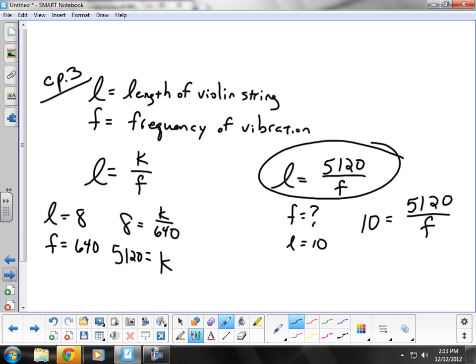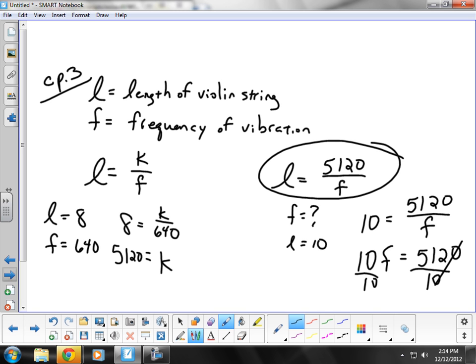You have to multiply by F. So you get 10F is equal to 5,120, and then divide by the 10. Yes, do your steps that you've always done. So the frequency is 512.